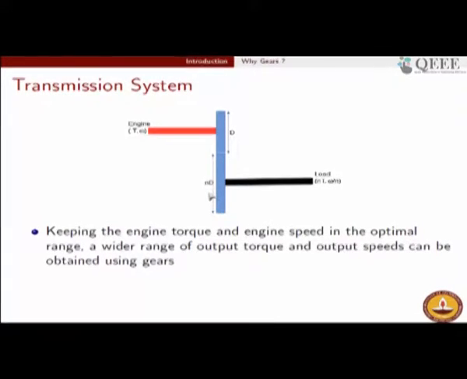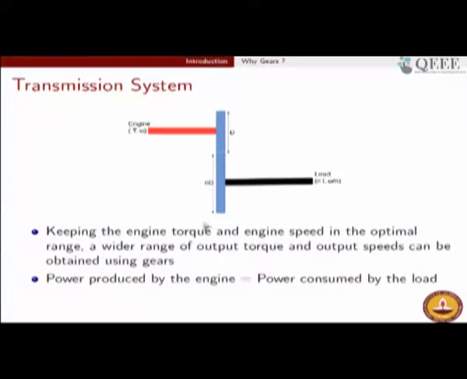Associated with a 5 gear transmission system, you will have 5 different values of n, each engaging at the time the driver engages the lever associated with the gear, and each time this value of n will change, and as a result you will get different torque coming out from the engine and transmission taken together. As I said, power produced by the engine is equal to the power consumed by the load.